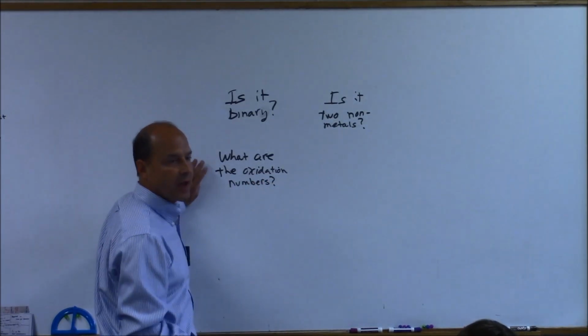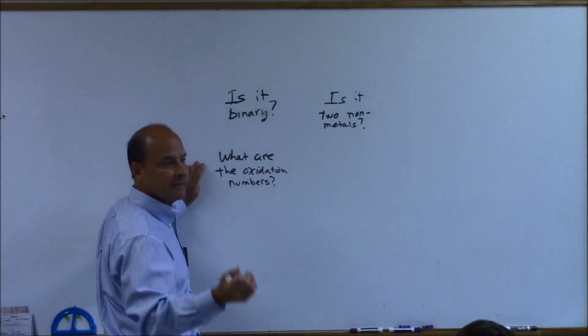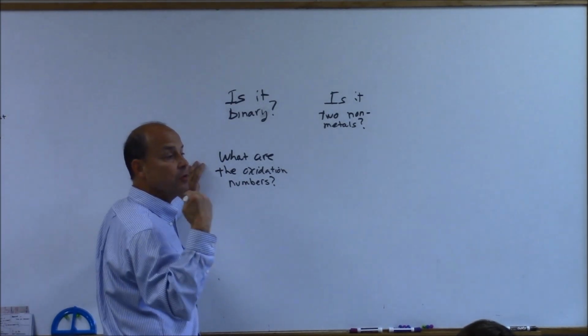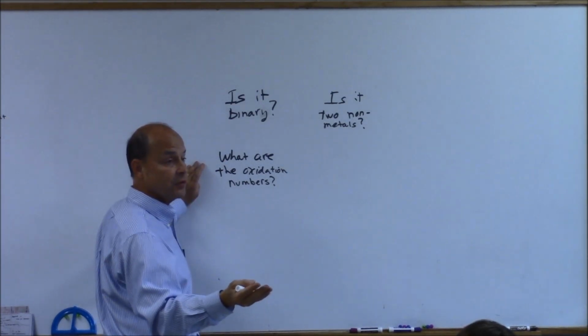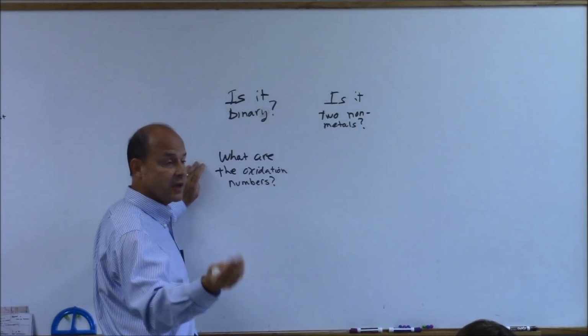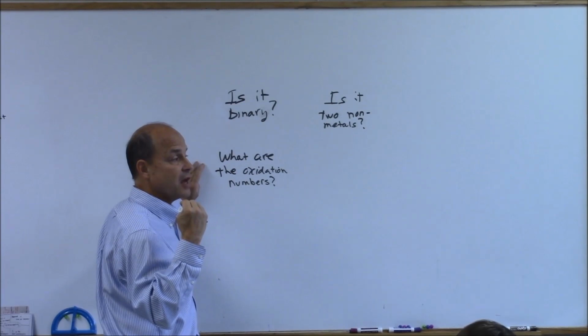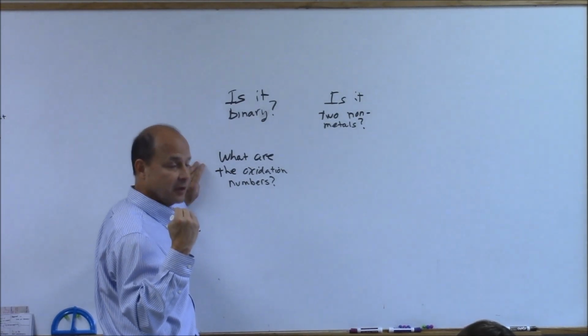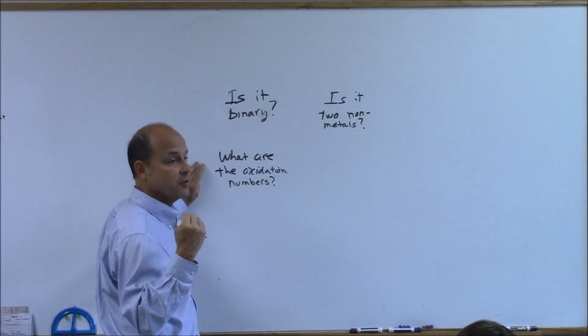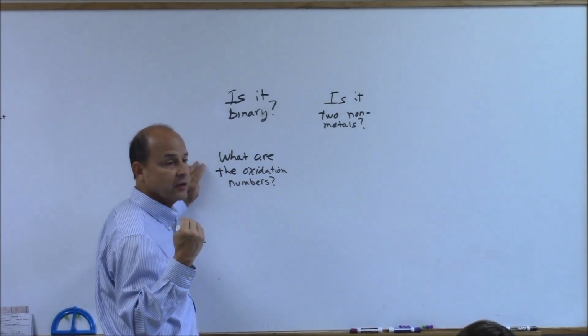Does that help you figure out what type it is, though? You have to use oxidation numbers with type 1s. Do you have to use oxidation numbers with type 2s? Yes. Do you have to use oxidation numbers with type 4s? Yes. Do you have to use oxidation numbers with type 3s? No, because those are nonmetal covalently bonded. They don't have oxidation numbers.